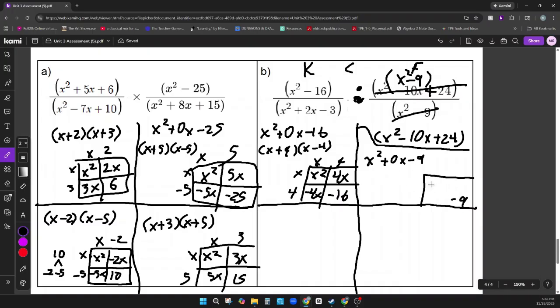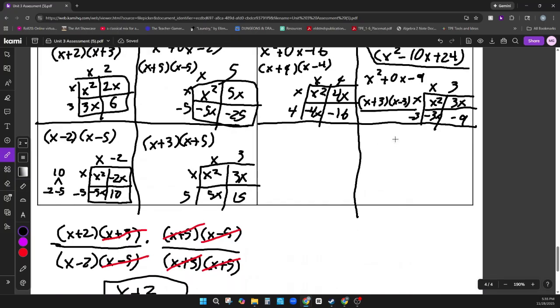And negative 9 breaks up to be 3 and negative 3, which means that, yes, they do indeed cancel. So this is going to be 3x, negative 3x, meaning I get x and 3, x and negative 3, giving me x plus 3, x minus 3. And that's the parentheses for our second numerator.